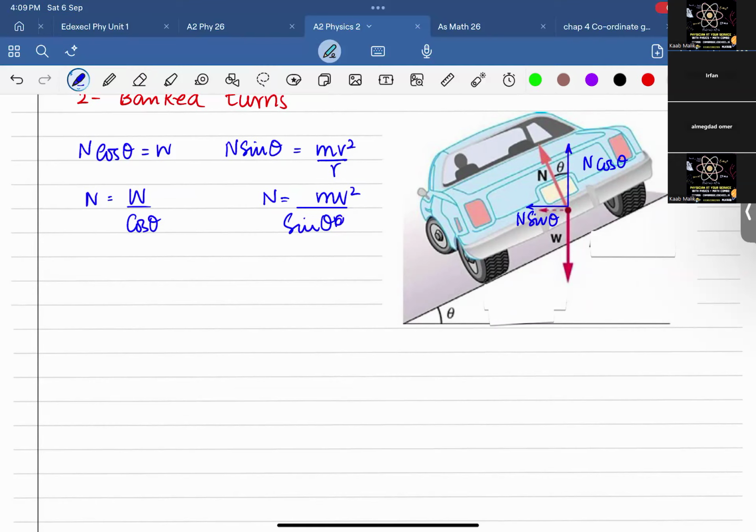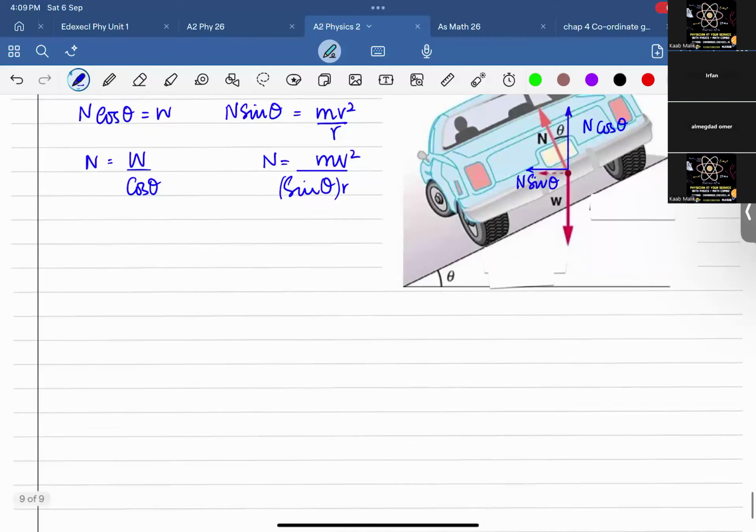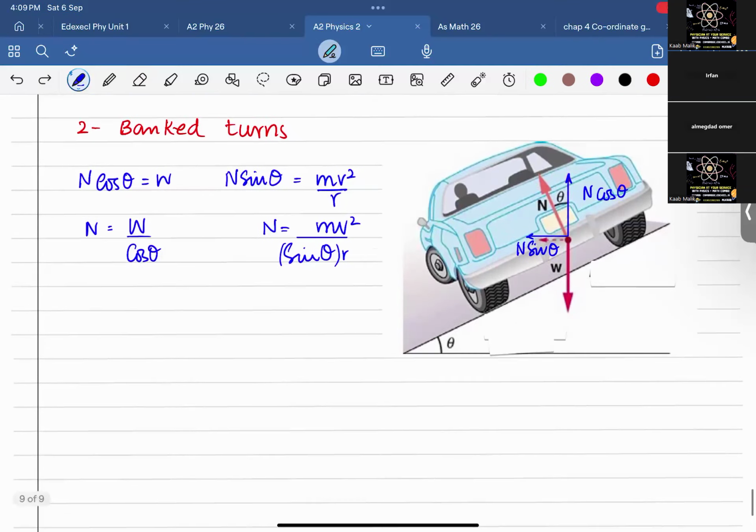Now, if you equate the two things, we have to equate W over cos theta equals mv square over sin theta times r.